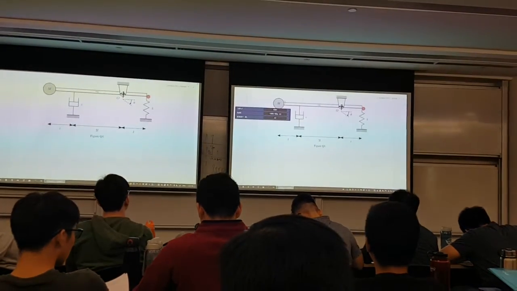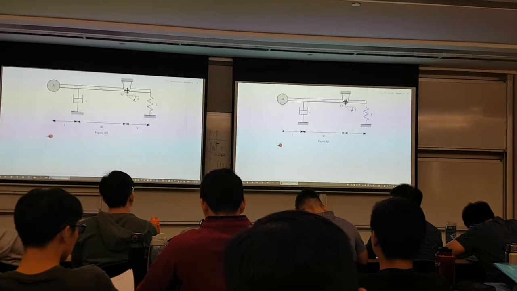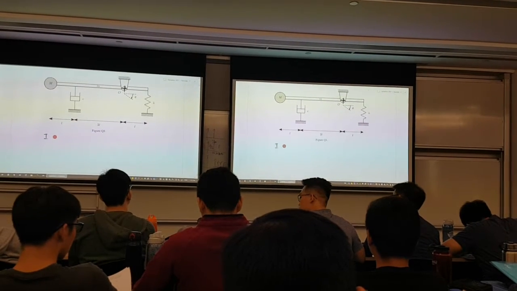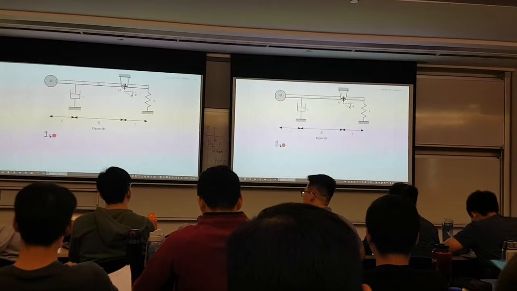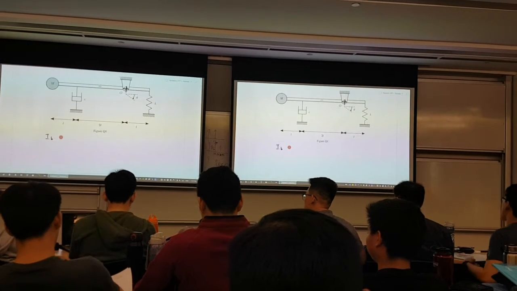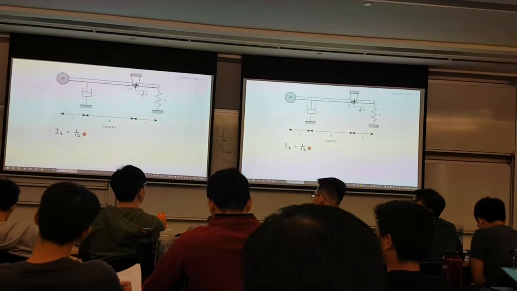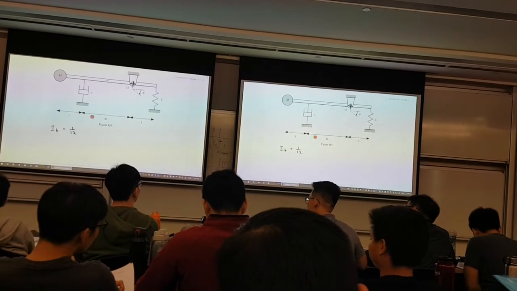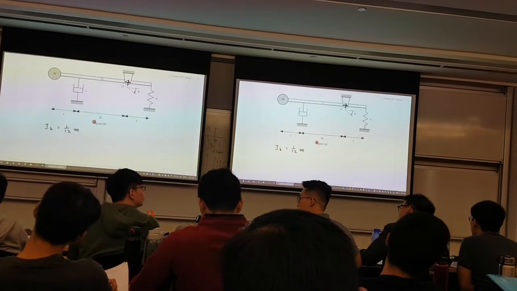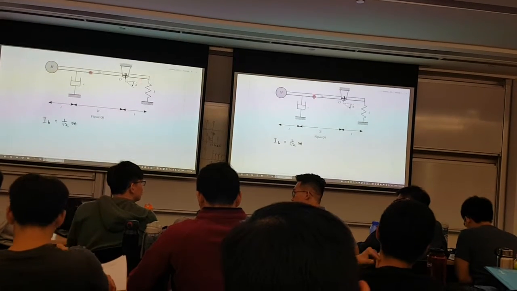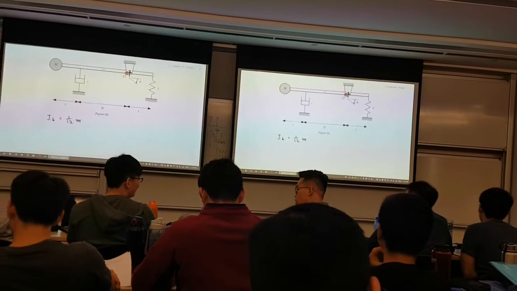So the first one, the moment of inertia for the beam. Right. So that will be equal to 1/12 ml squared, so m is this m. And L will be the entire length, independent of this pivot.